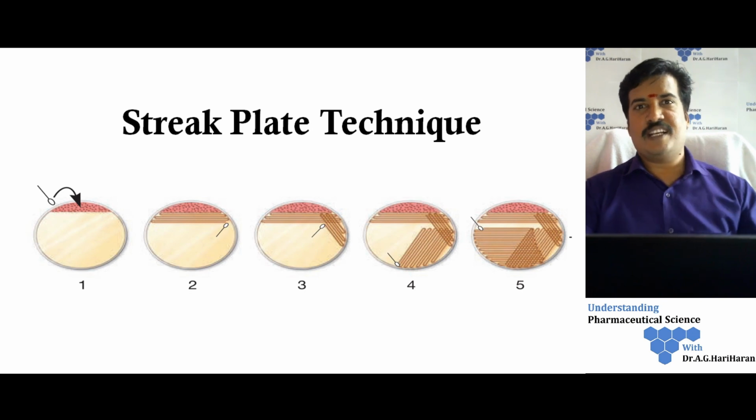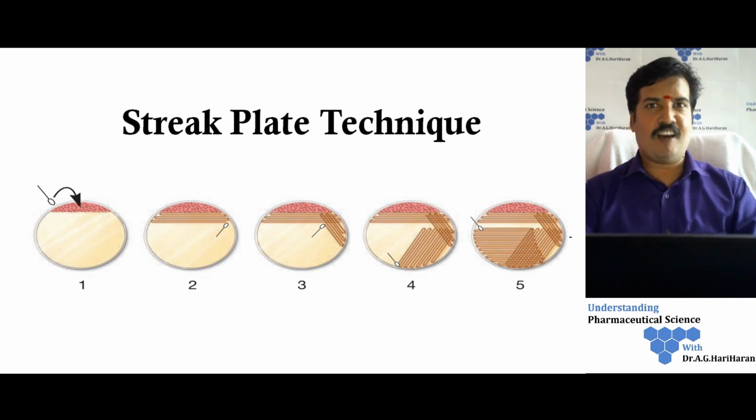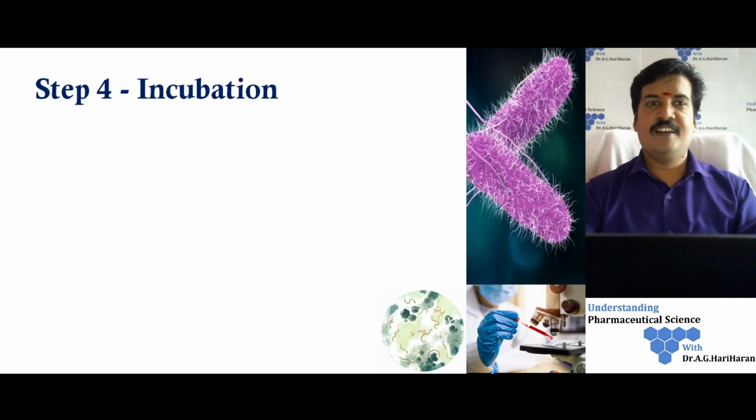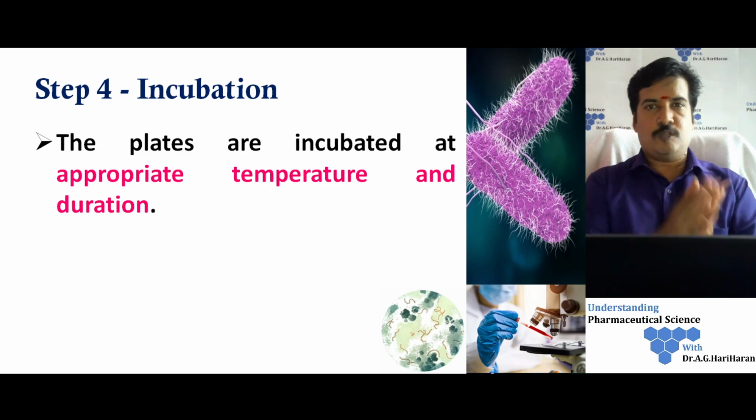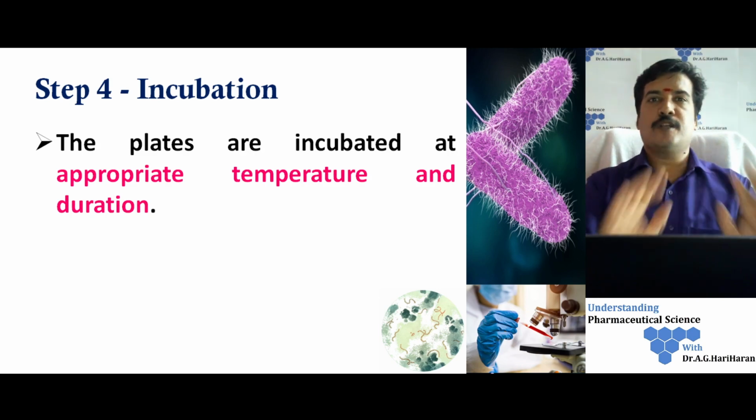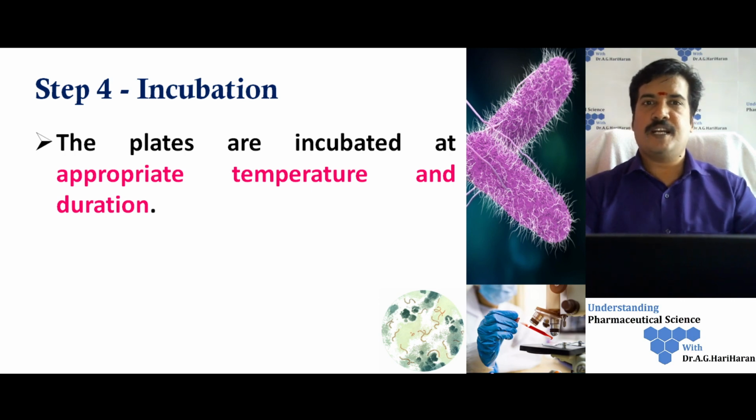We will get individual colonies once incubated, at the end of the third sector or the beginning of the fourth sector. In the final step, we perform the incubation process. The petri dish is closed, inverted, and incubated at an appropriate temperature and duration.